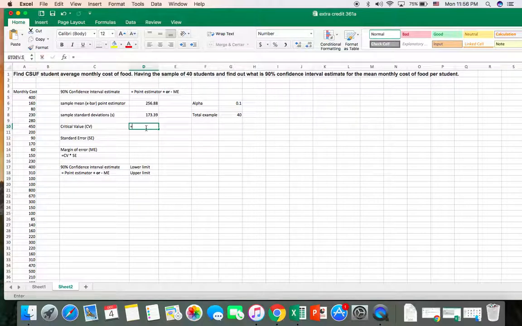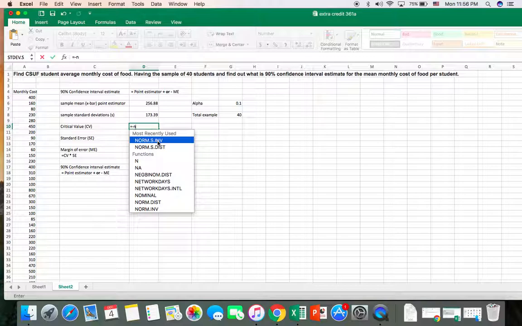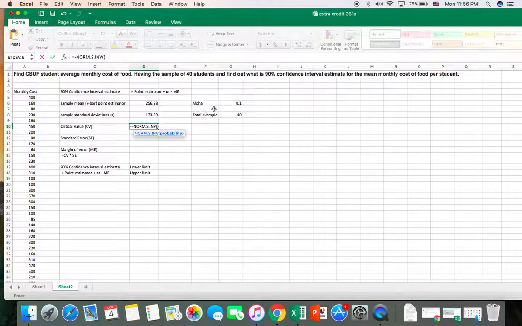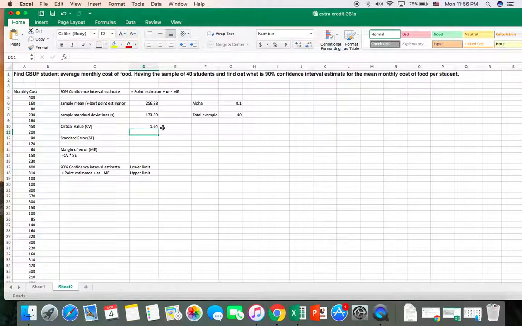So the critical value is equal to the negative of NORM.S.INV, and the probability is alpha over 2, and it is 1.64.